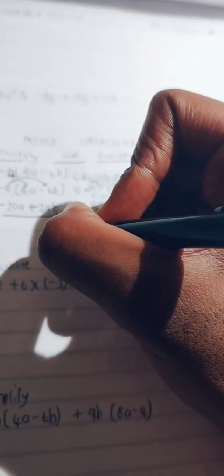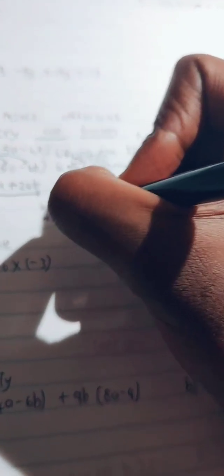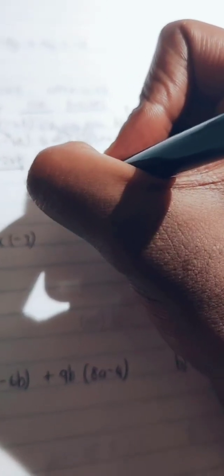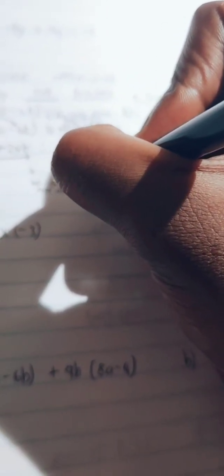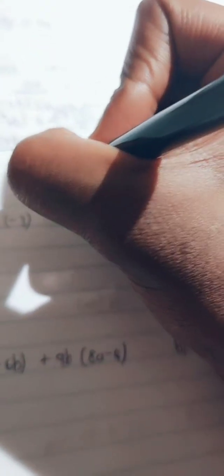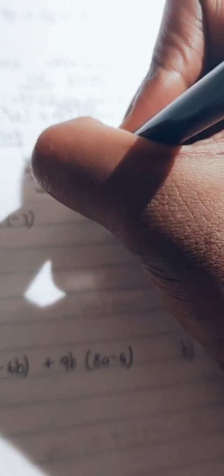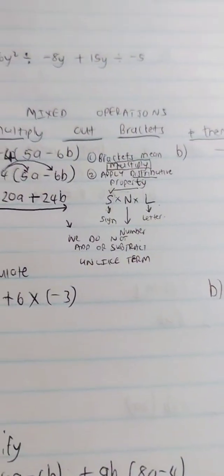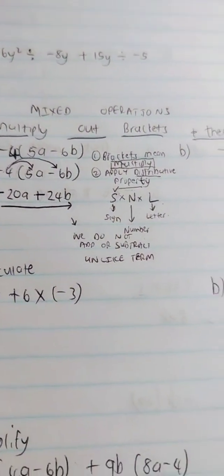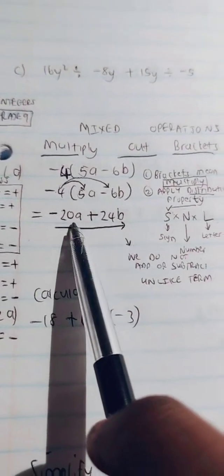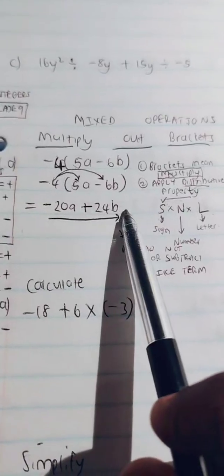Okay, so we do not add or subtract unlike terms. And maybe some of you are asking, what are unlike terms? Unlike terms are simply terms that possess different letters.